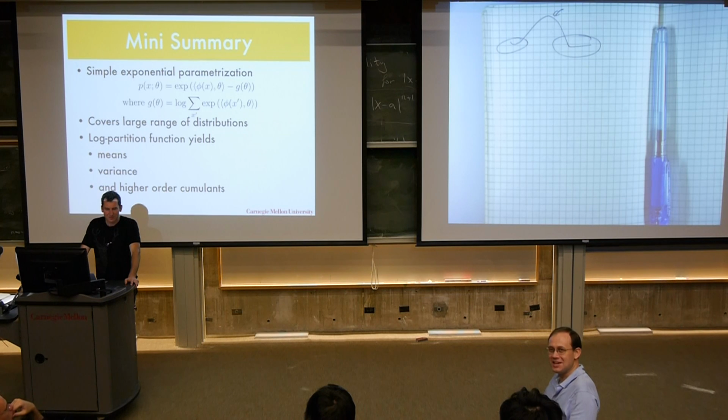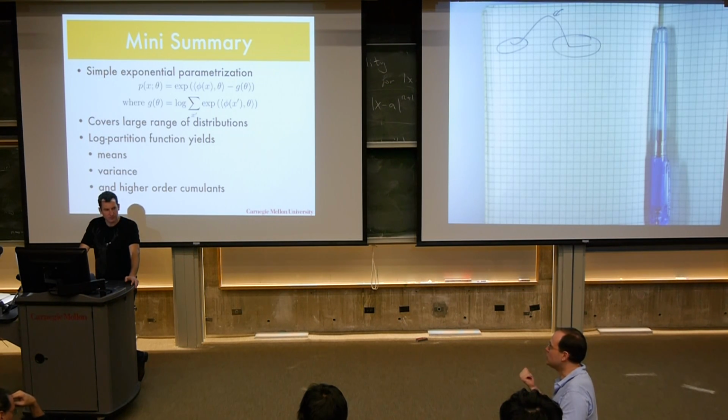To pile on to the answer, there are two things to think about here, right? One is any individual distribution, and the other is a set of distributions. An exponential family of distributions is a set, like the set of all normal distributions.